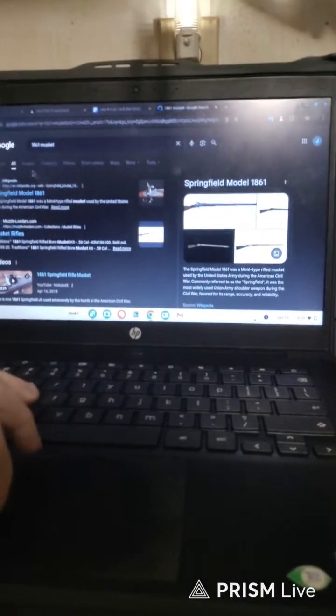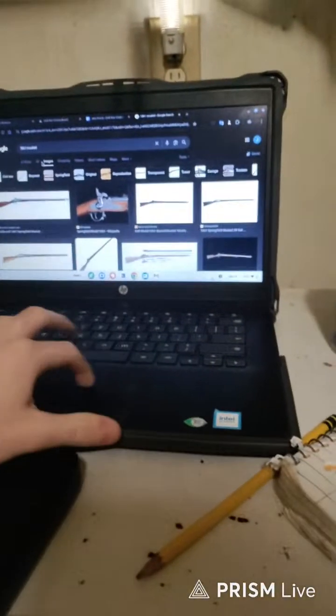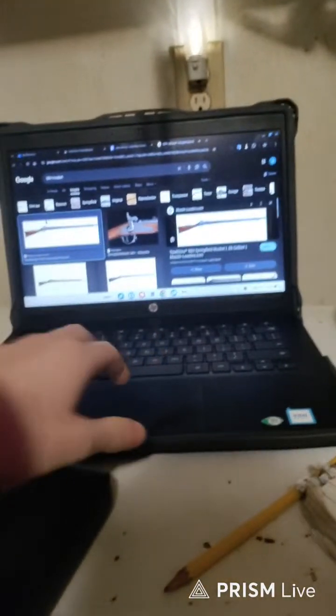Alright, and we set everything down. I'm going to take this. Alright, we come here. 1861 musket. Alright. It's a Springfield model. It's 1861.